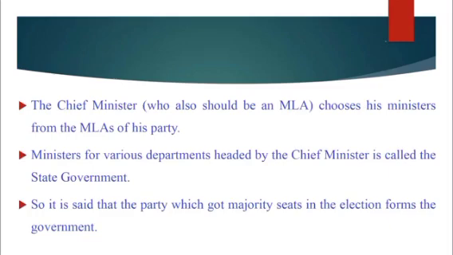Then the Chief Minister, who also should be an MLA, chooses his ministers from the MLAs of his party. Ministers for various departments headed by the Chief Minister are called the state government. So, it is said that the party which got the majority of seats in the election forms the government.